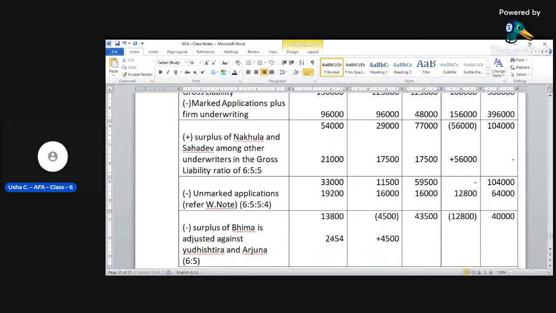Then the same, 4,500 into 5 divided by 11 is 2,046.